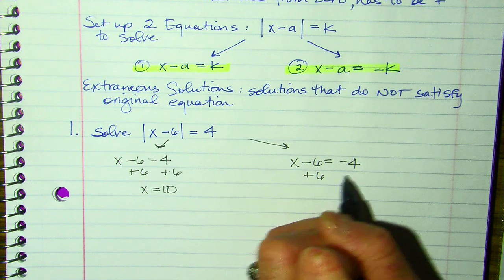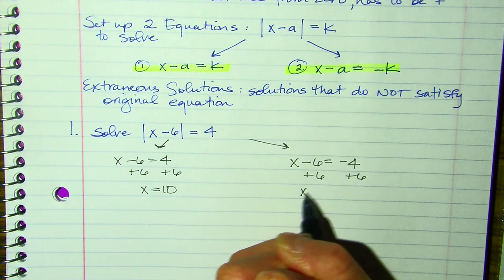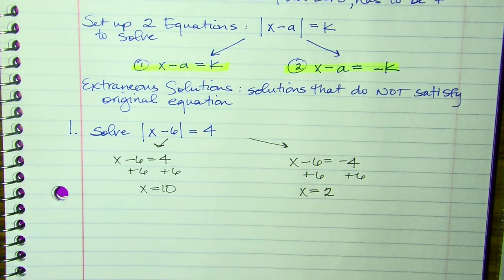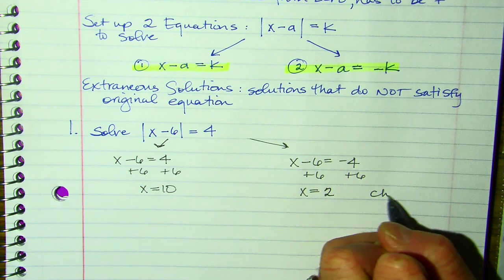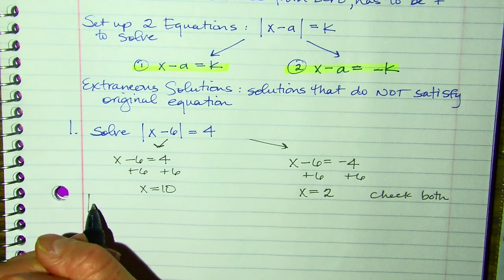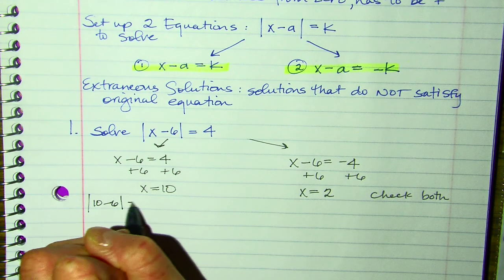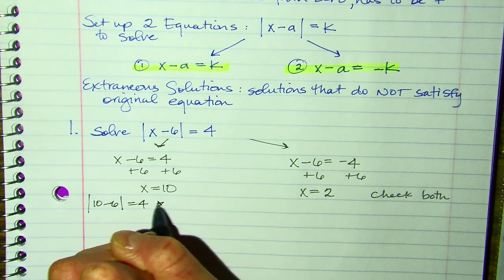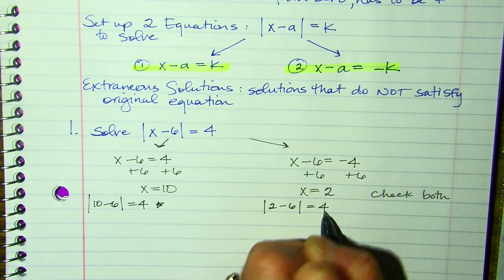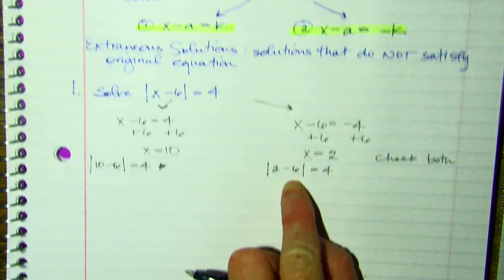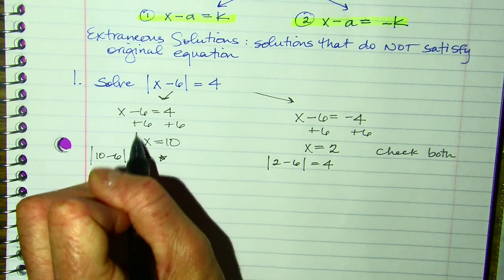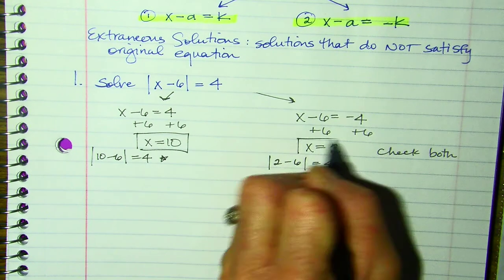The next one, if I add 6 to both sides, I get 2. And both work, so I would check both. The absolute value of 10 minus 6 equals 4 works, and the absolute value of 2 minus 6 works because you get negative 4, and the absolute value of negative 4 is 4. So my two answers are x equals 10 and x equals 2.